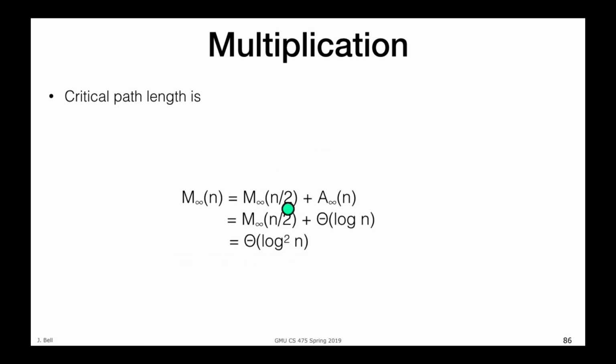So if we solve that, we worked through already how the cost of doing the addition of size n is actually log n. And then if we continue to solve that, the critical path length is going to be about log squared n, which is also pretty small.